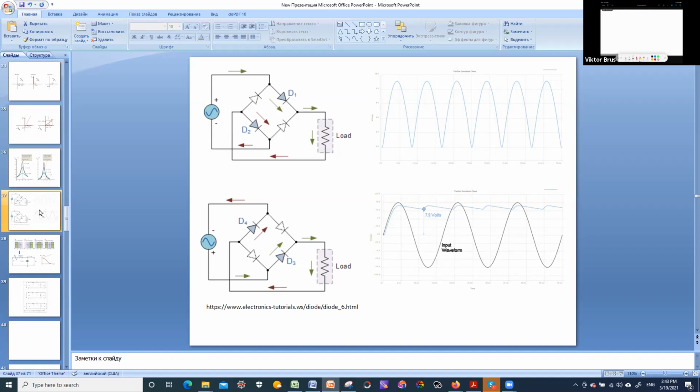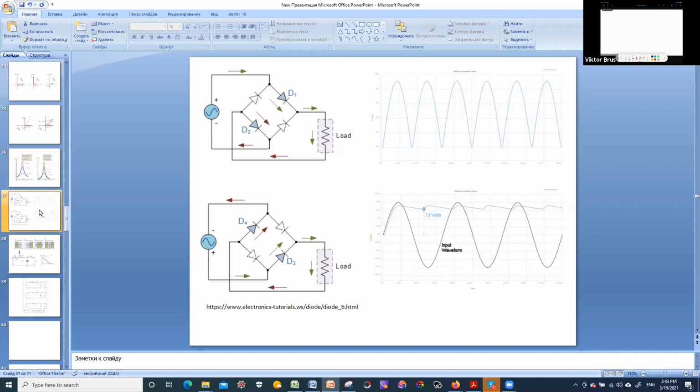We have these power supplies where we have an input 220 or 110 AC voltage. Then we have a transformer which steps down the voltage to, for instance, 9 or 6 volts, depending on the device which we want to power. And then the voltage matches.